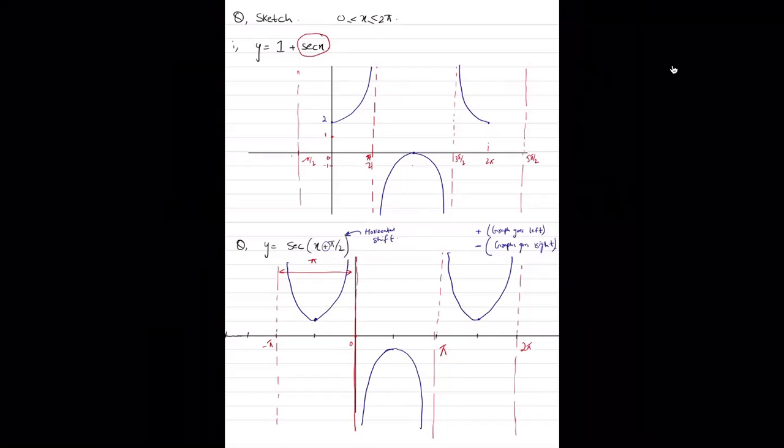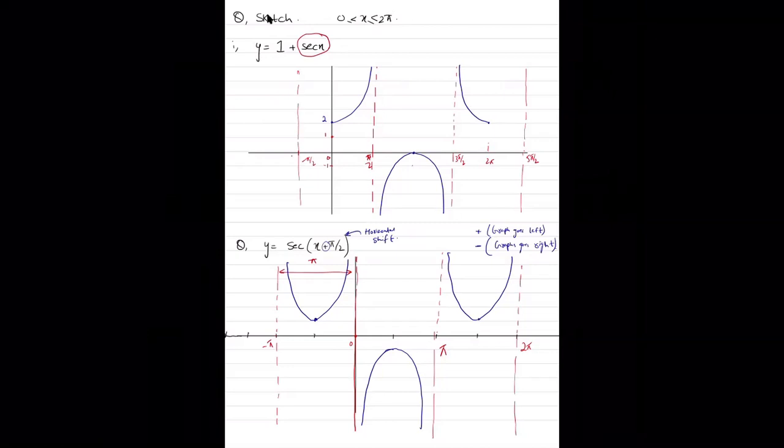I have basically shifted my graph 90 degrees to the left. Because of x plus pi by 2, the graph shifted 90 degrees to the left. If you want, take some time to absorb this concept. Let me know if you want me to repeat anything.